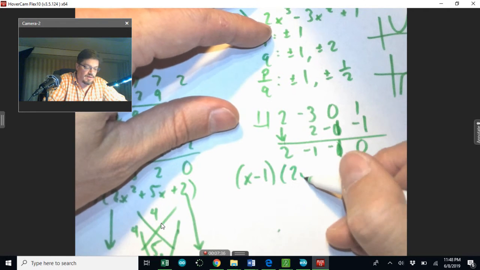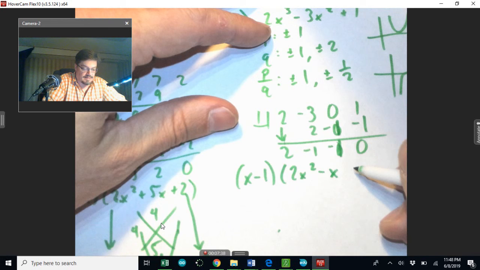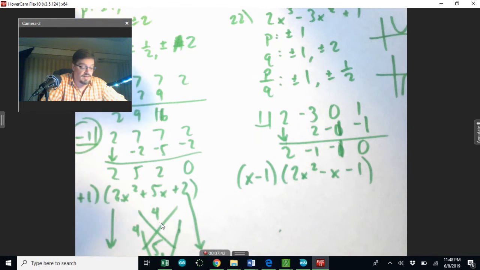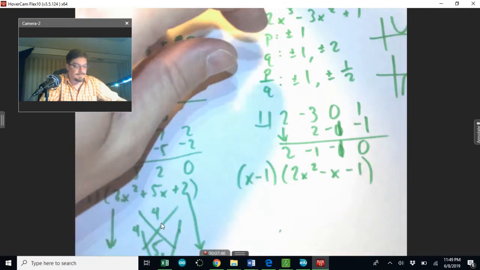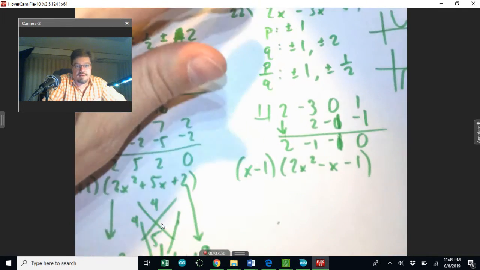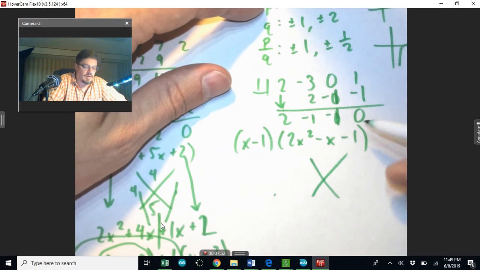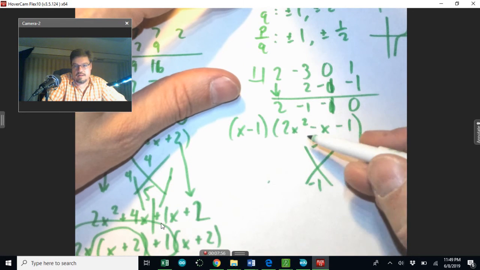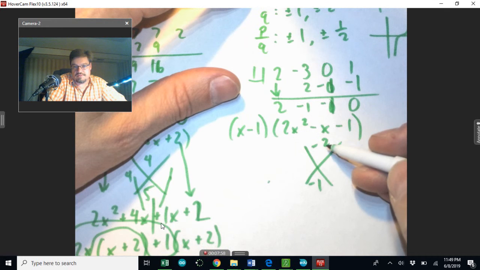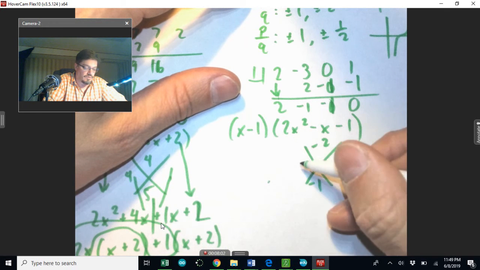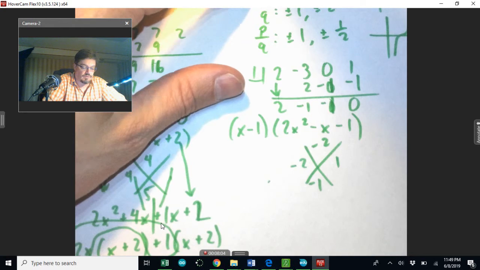But now I have 2x squared minus x minus 1. All right, now I'm going to factor that the way that I did. Now, I could keep going, though. I could keep going and do the rational root theorem all over again. All right, but I'm not. I'm going to factor it. So factors of negative 2 that add up to negative 1. 2 times negative 1 is negative 2, and then this guy is the target, so I have negative 2 and positive 1.